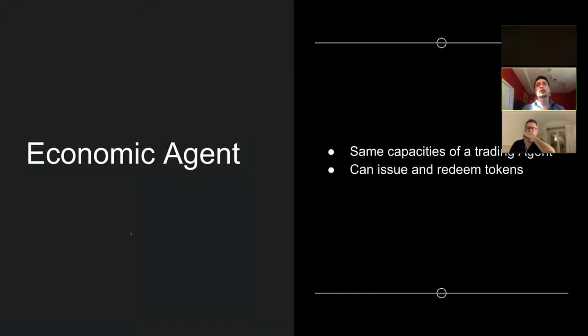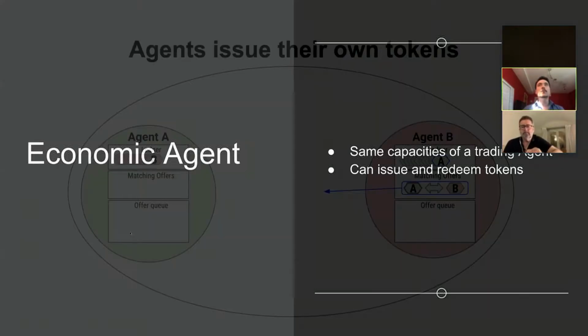In this case, we're going to specify that the economic agent can issue and redeem tokens. So an economic agent has the same capacities as a trading agent, but furthermore, it can issue and redeem tokens. That means it can keep track of its own ledger and its counterparties' ledgers.